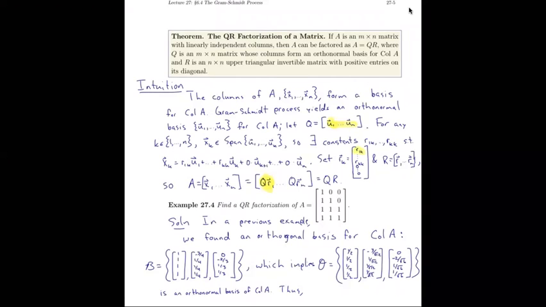R1 has only one entry, R11, right here, so it's R11 times the first column of Q, which is U1. And that's how we get X1, and so on and so forth. Each of our XKs, along this line up to XN, is equal to each of these Q times RK. So we see that we have this matrix decomposition, A equals QR, for these two matrices.